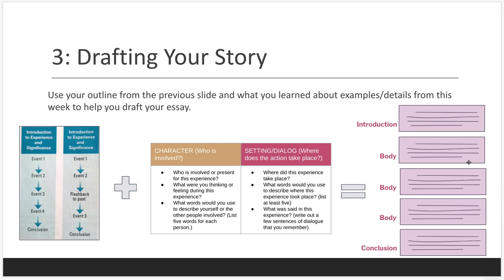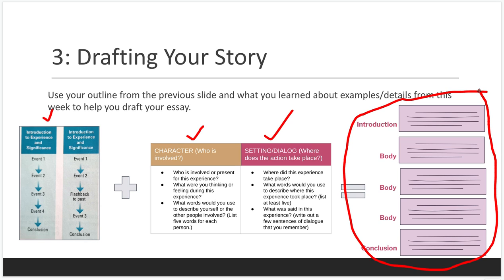All right, now that you have your organization mapped out from the previous slide, this is done. You have lots of details about the characters and the setting. You're ready to write. You're ready to sit down and create a 5-paragraph essay. Now, I will say I'm not holding you real firm to a 5-paragraph format. It is a story. You can have some creative license.